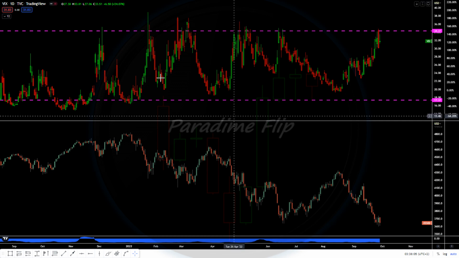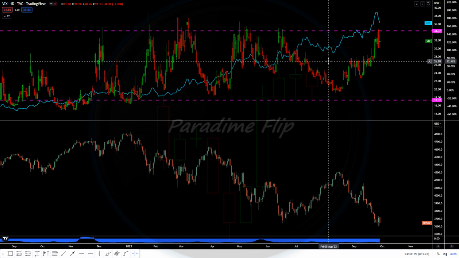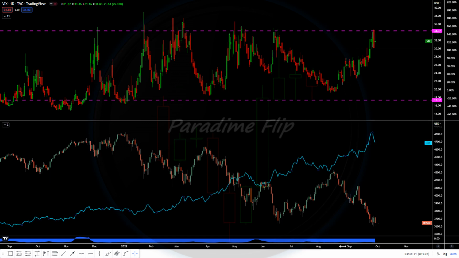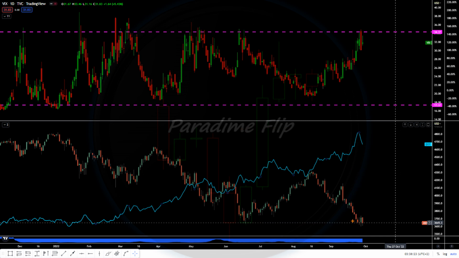And we can also use other tools, other markets, to help us validate this hypothesis. So if we just look at the dollar, in recent months, we've seen a negative correlation between the dollar and the stock market.